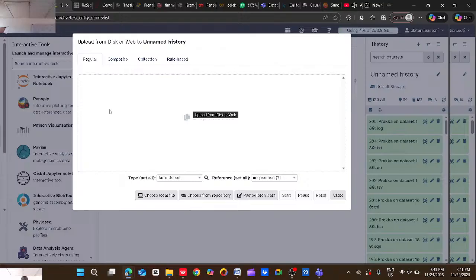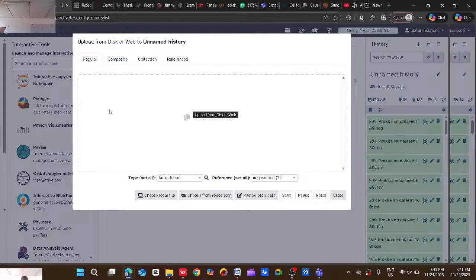Upload. You have your file in form of FastQ. After that, you have to clean your data and remove errors of mismatch and so on. So you now upload.